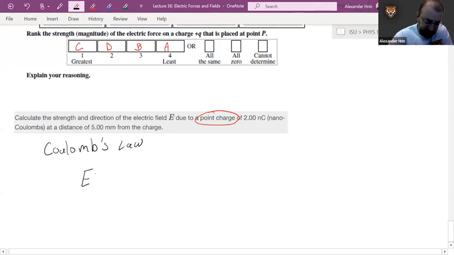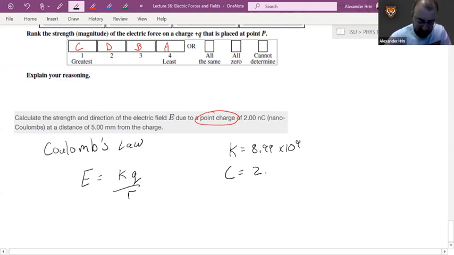So in this case, the electric field E, not electric force, is just going to be KQ over R. Now we do need to get the units right. So I'll write K down first, 8.99 times 10 to the 9th. And then Q in coulombs, see if you get the units right on this one. It's 2.00 times 10 to the negative 9th.